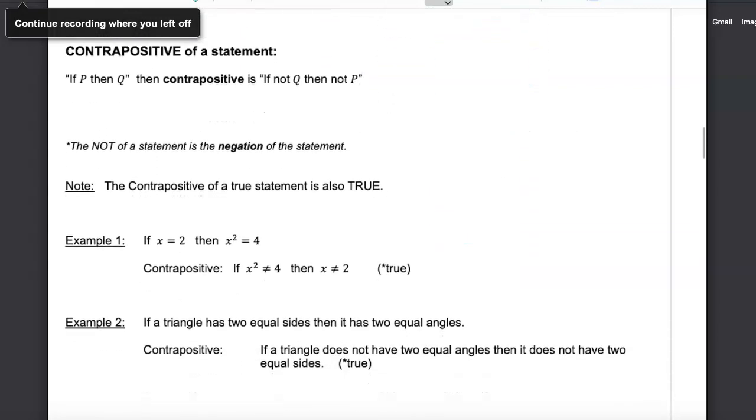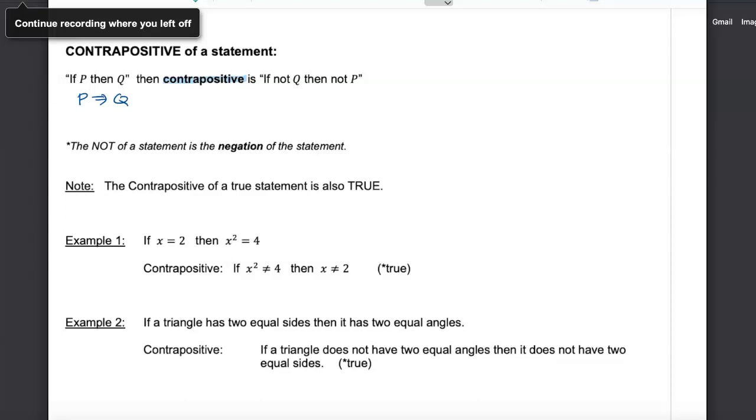The third type of statement we're going to have a look at is called the contrapositive of a statement. If P implies Q, so if P then Q, the contrapositive, which is an interesting word, is if not Q, then not P. It's like having the converse and the inverse wrapped together.